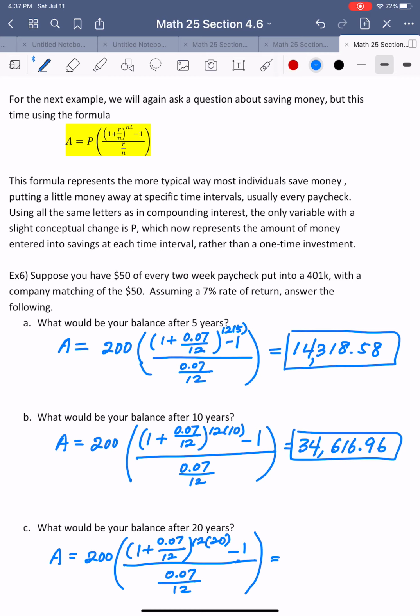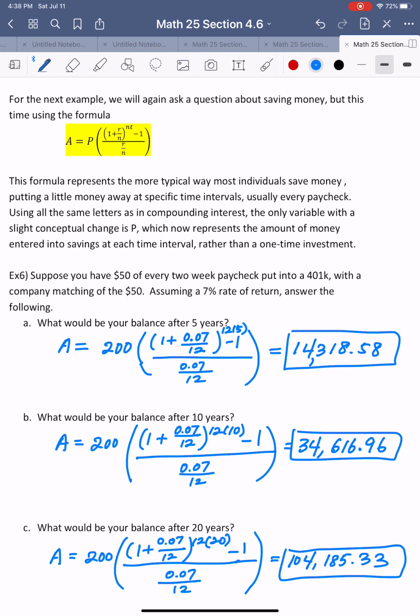So 200 times 1 plus 0.07 divided by 12, to the power of 12 times 20, subtract 1, divide by 0.07 divided by 12. Wow, pretty good. $104,185.33. See that? But 7% is a pretty good interest rate, okay?